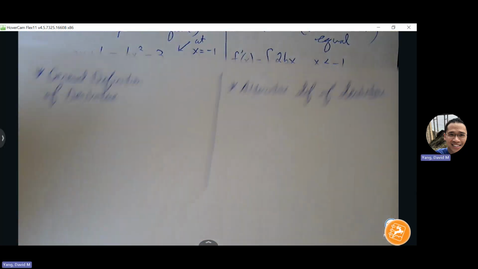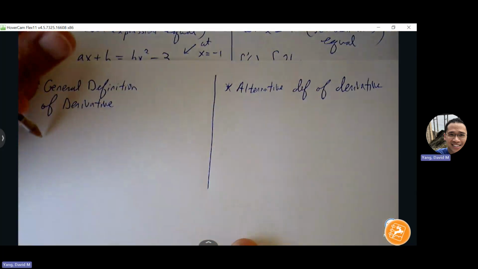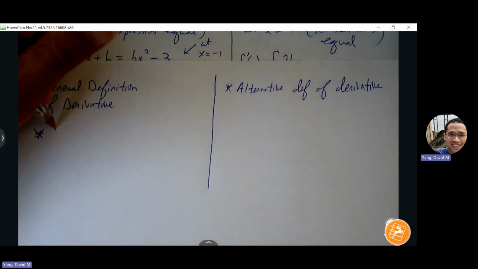Make sure you know your general and your alternate definition of derivative. It could be asking you to set it up, could be asking you to interpret, but it's just good to know how all the pieces fit.